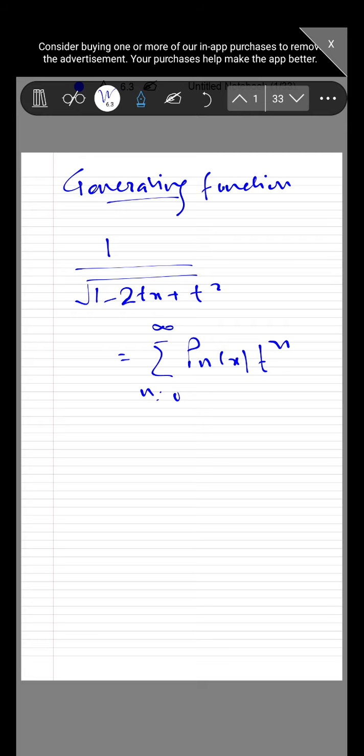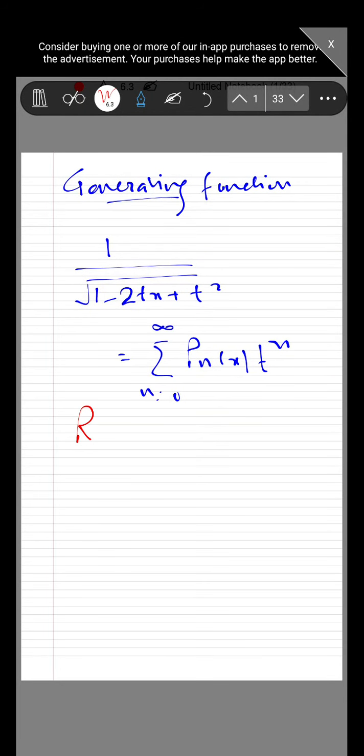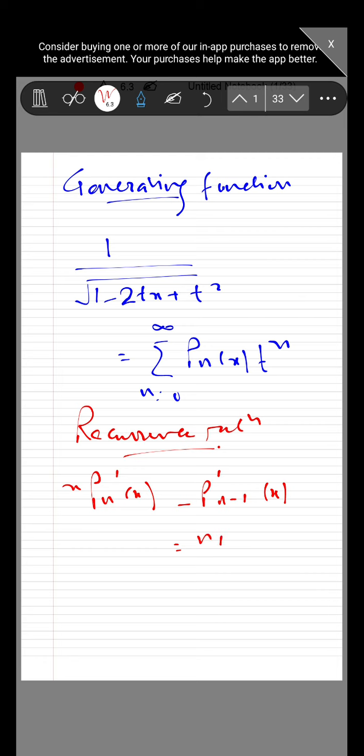And there are some recurrence relations. The first recurrence relation is x P_n dash (x) minus P dash_(n-1)(x) is equal to n P_n(x).